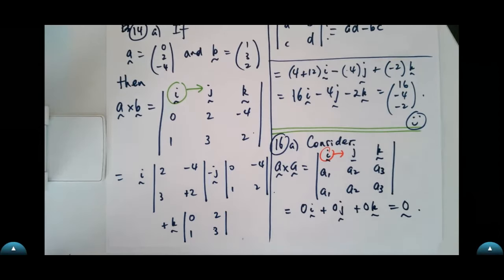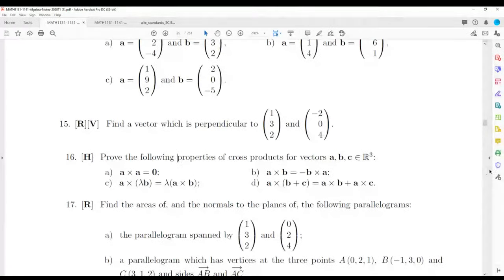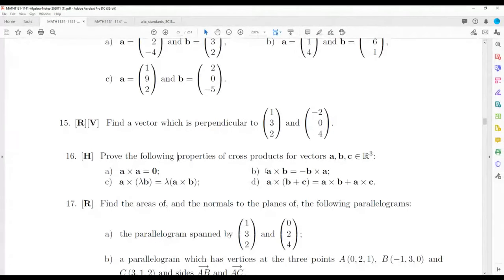That's pretty easy. So let's have a look at the other parts, because I think they're worth discussing. Okay. So part B, we already looked at that in the GeoGebra picture, right?